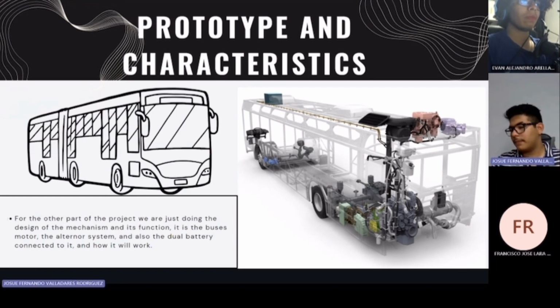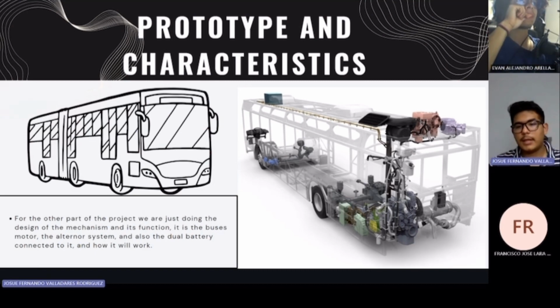Also, the second part of the project, because there are two reforms, is the change on the system of the buses. Basically, on this part, what we're going to do is put a bigger alternator on the bus and more batteries.